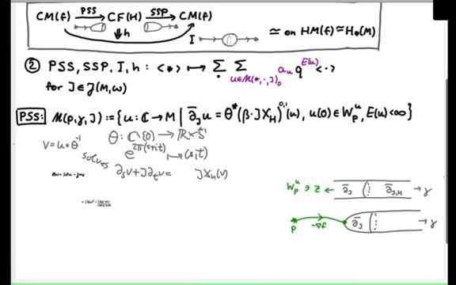So I need to somehow cut off my perturbation on the right-hand side. So that's your cutoff function. That's actually supposed to be equal to 0 down here.